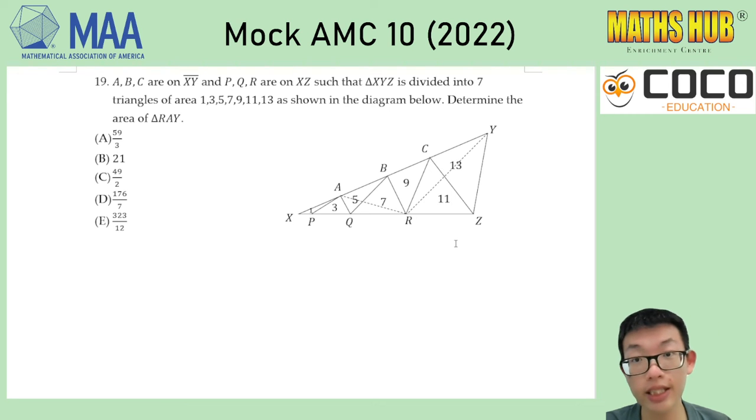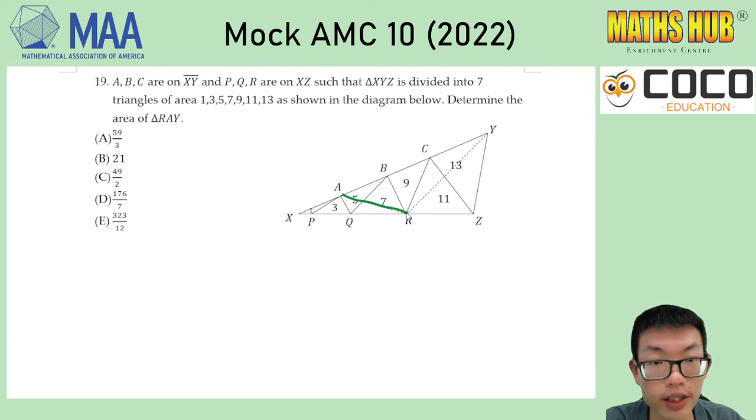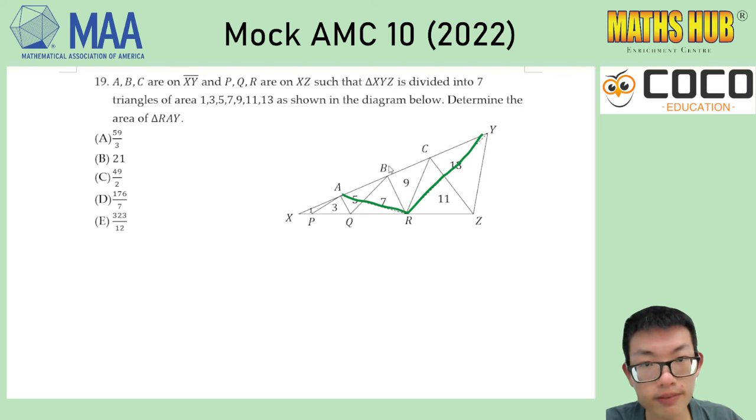So maybe let's just think about it. Let's say that I didn't know any lengths, what would I actually want in order to get this area over here? Something that would make sense to me would be to try to subtract off those other two leftover triangles from the total.